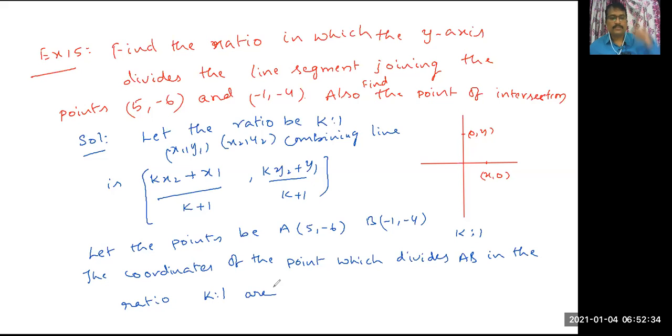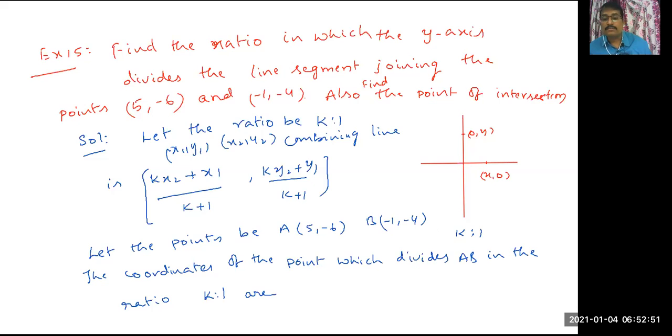Try to remember this: (kx2 plus x1) by (k plus 1), (ky2 plus y1) by (k plus 1). These are the points.